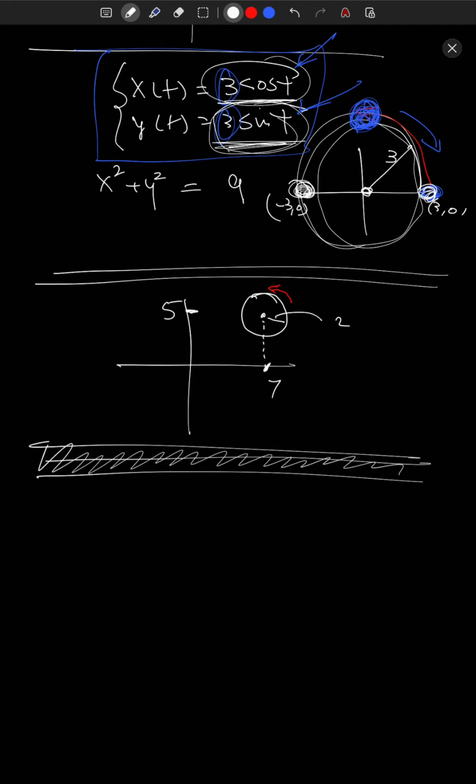So when I say try to find the parametric equation that describes motion counterclockwise about this circle right here, what I'm actually doing now is starting with, in a way, the road, and then asking you to give me some motion that describes motion along that road. Previously, we've always started with the motion, and then we've tried to figure out the road.